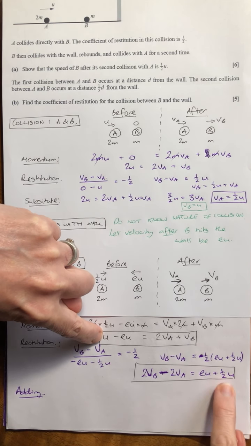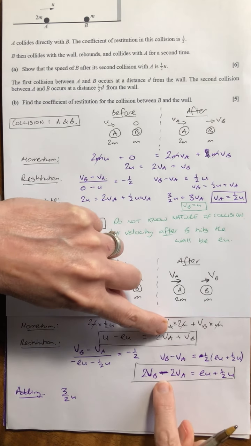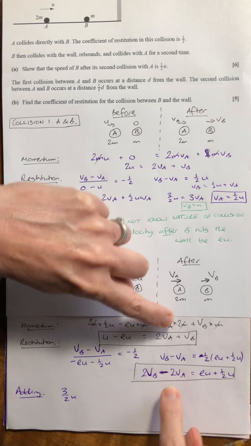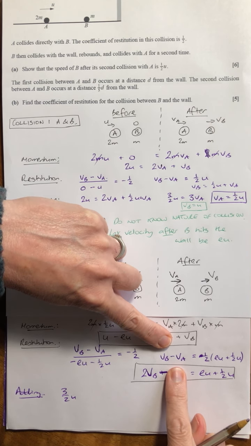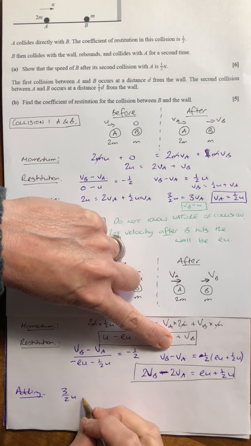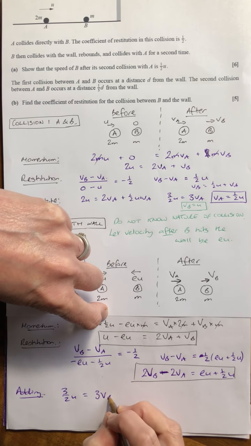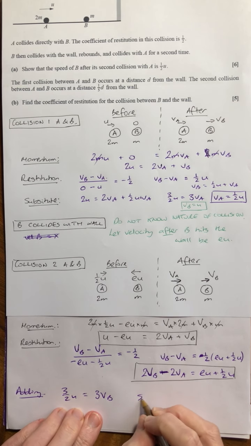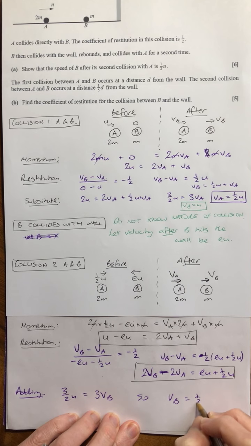And I've got U plus a half U, so 3 over 2 U by adding those. And then here, the VAs cancel, and it leaves me with a VB and a 2VB, so in total 3VB. So that means that VB is equal to a half U.